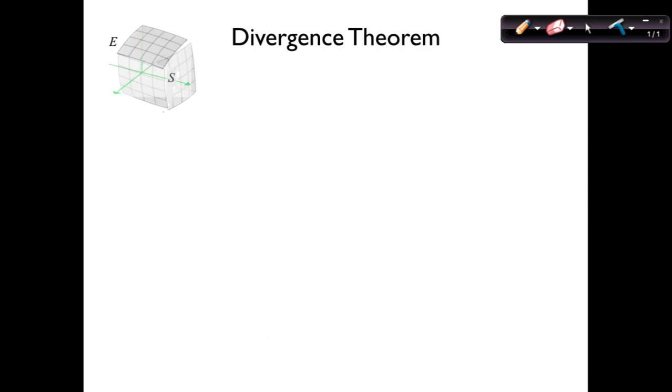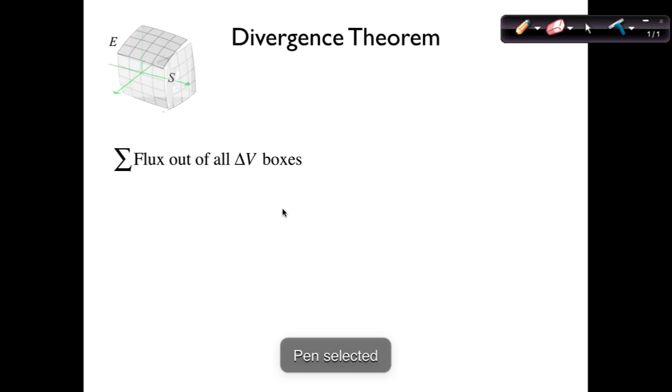So this brings us to the divergence theorem. The divergence theorem is we're going to sum up all the flux out of the little delta V boxes. And so we've seen this principle before.